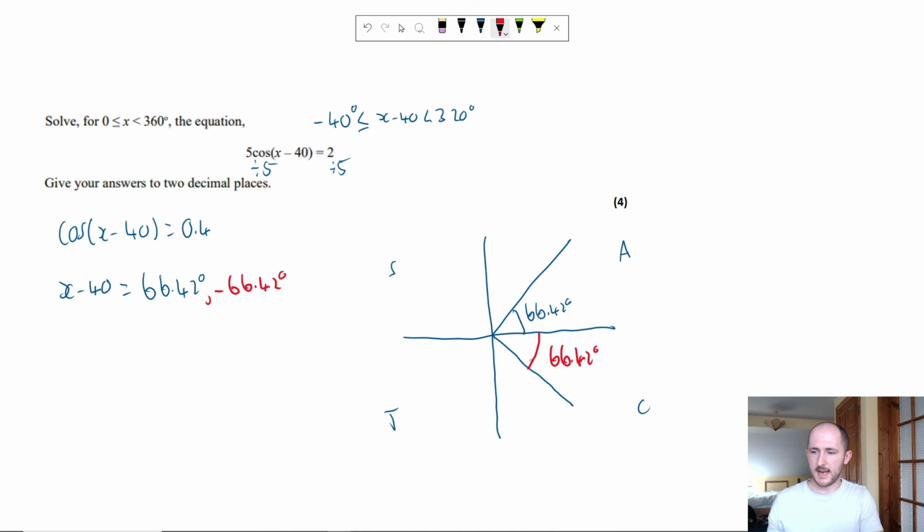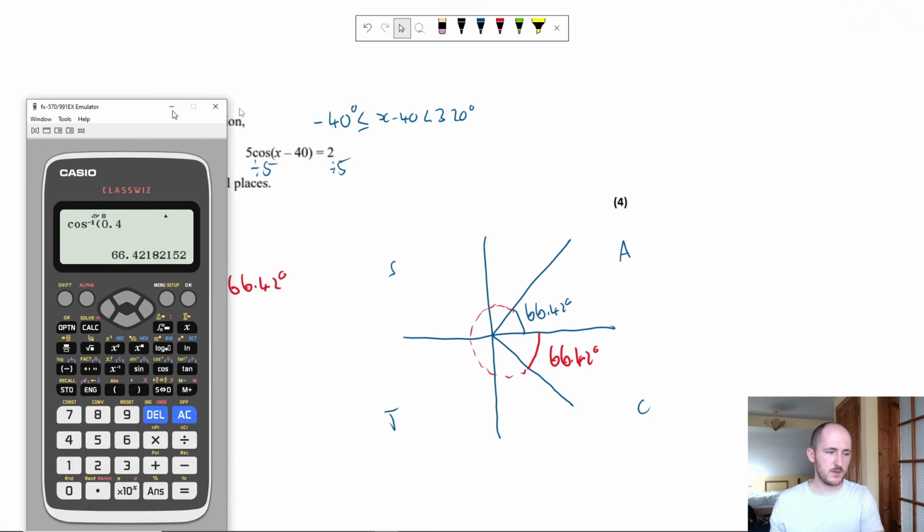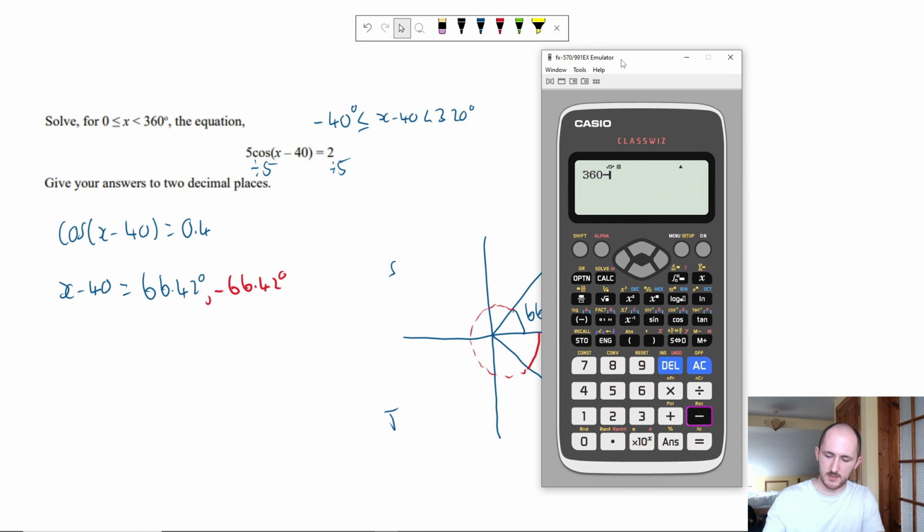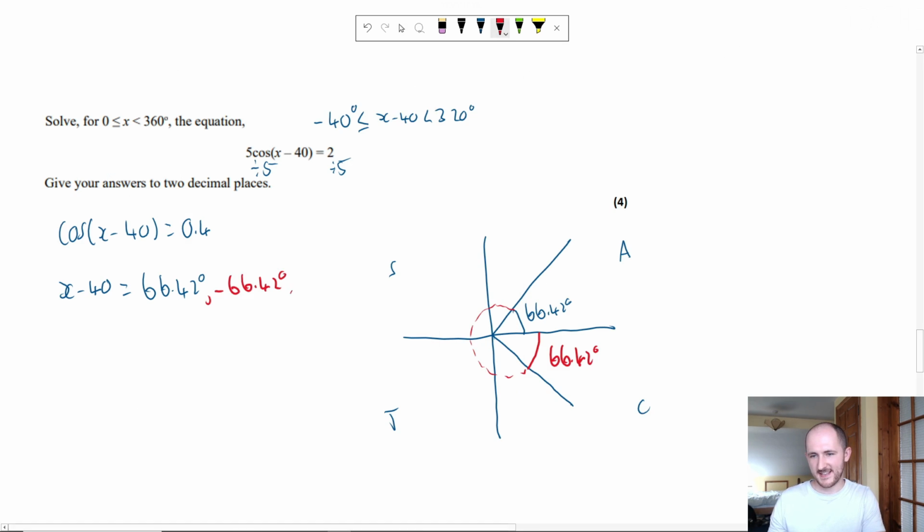The other negative value is going all the way around like that, and that's going to be 360 minus 66.42, which is negative 293.58 degrees. Both of those so far are not suitable.